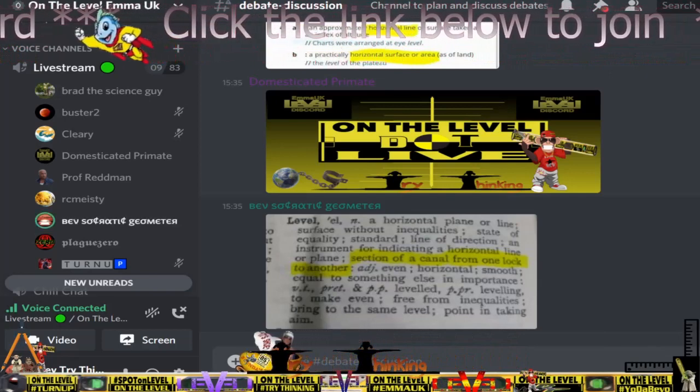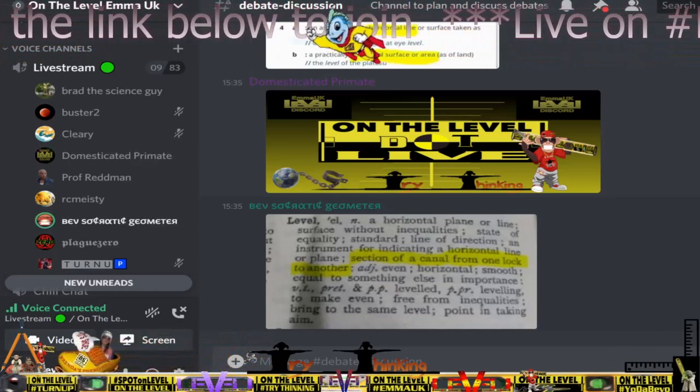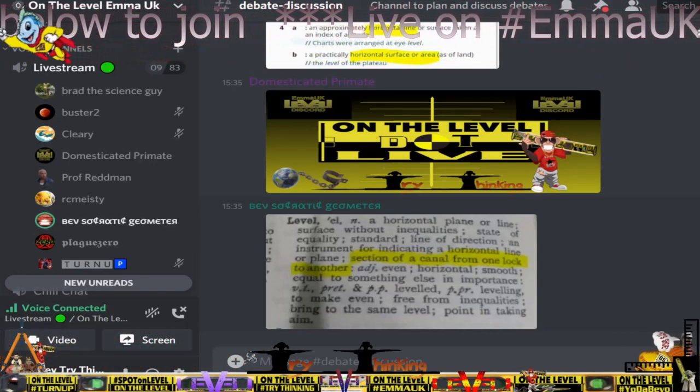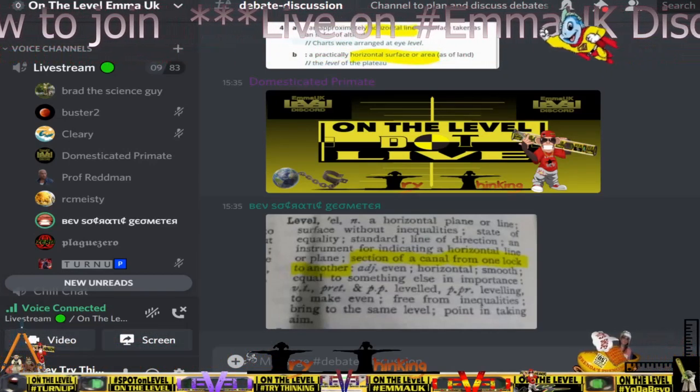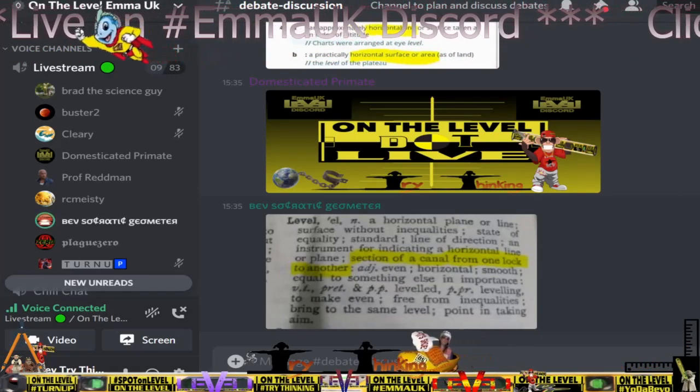I mean, that's cool, isn't it? That's probably one of the best ones I've ever seen. Even, horizontal, smooth, equal to something else of importance, leveled, leveling, to make even, free from inequalities, bring to the same level, pointing, taking aim. No curve.